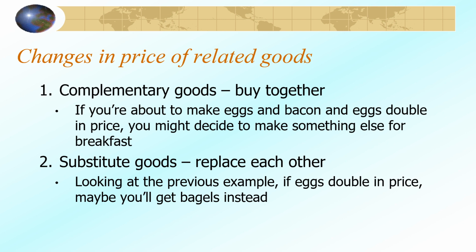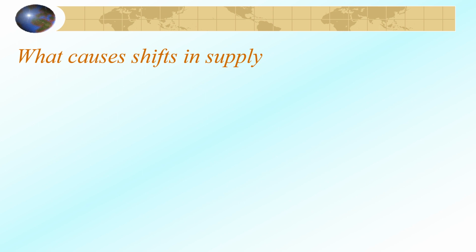Prices of related goods, whether they're complementary or substitute goods, are going to have the same effect as general changes in preferences. And that wraps it up for demand, more or less. Again, there are other things that can shift demand, but these are the most common.